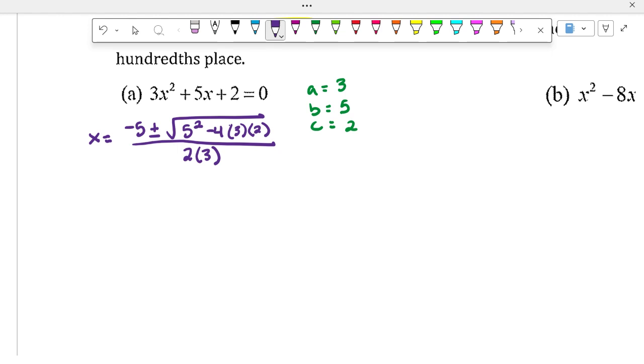So I want to start by simplifying these parts individually. So x equals -5 plus or minus the square root. What's 5 squared? 25. What's -4 times 3 times 2? -24.